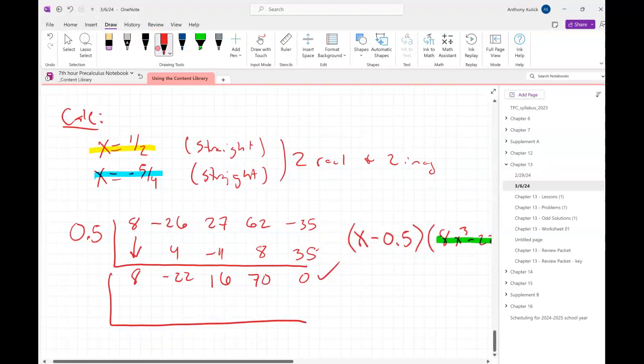I'm just going to do a second synthetic division with my other 0. Notice I'm doing it on the result of the previous synthetic division problem. So that is -10.